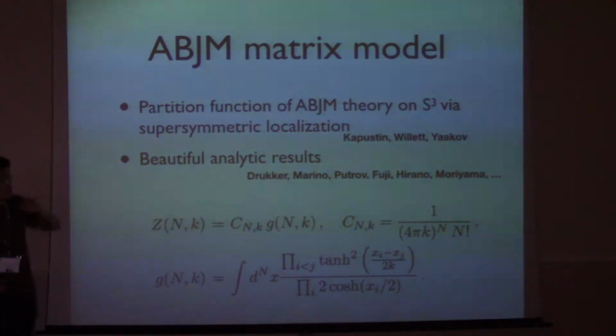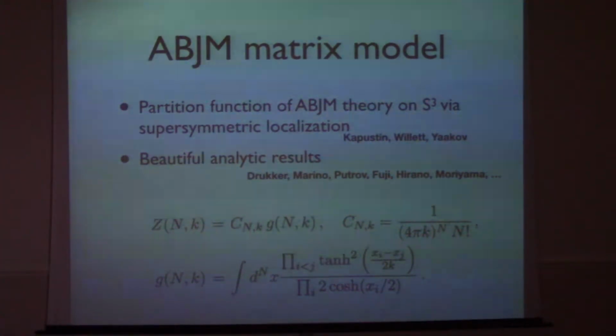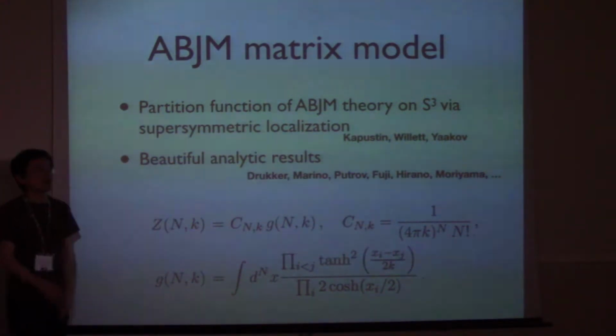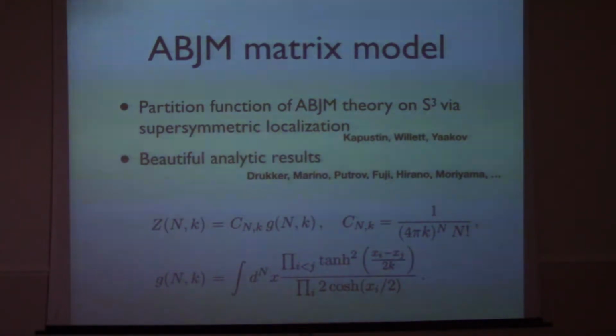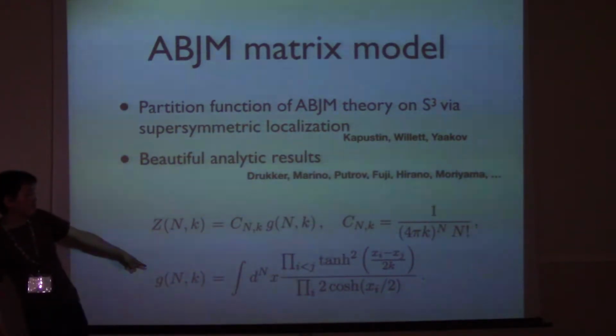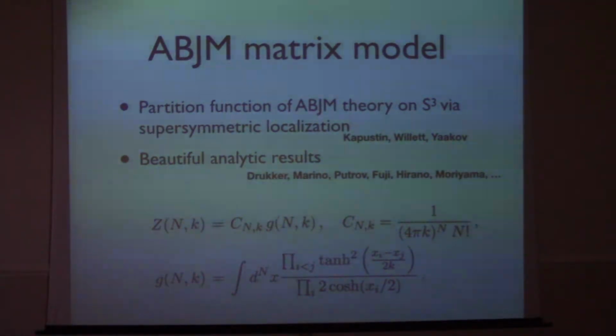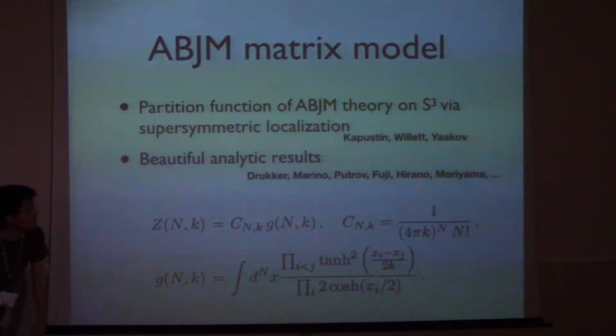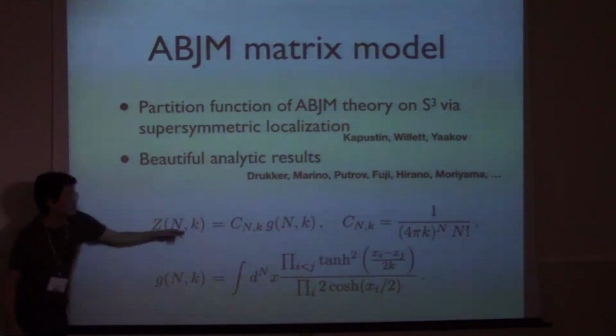There are many beautiful analytic results, but we wanted to study it numerically to understand some subtleties. There are 2 parameters, N and k, which correspond to the size of the gauge group and the Chern-Simons level. We just have to calculate this integral, and that is the partition function.